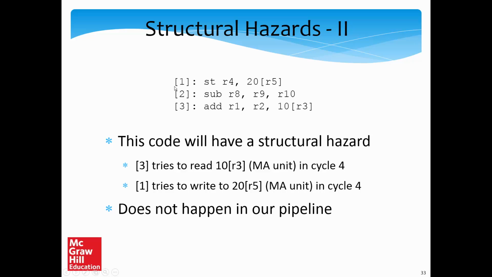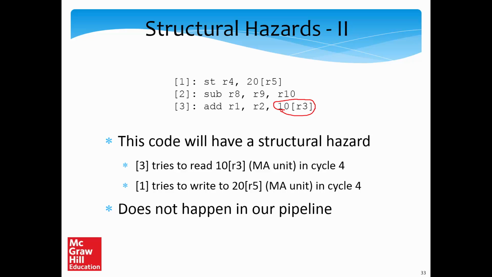Let's consider these three instructions, 1, 2, and 3. In the first instruction, we do a store to the location 20 plus the address in R5. Then we have a subtract, and then we have the special kind of add instruction that we are talking about in the last slide.